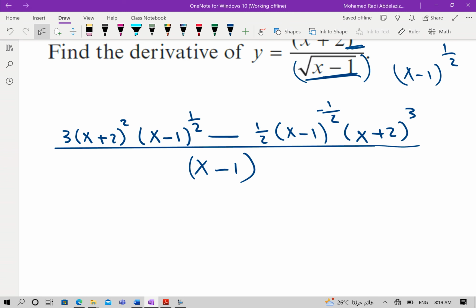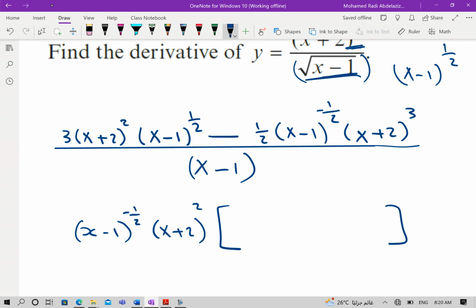Which is the common factor? (x - 1) all to the power of what? Negative half. And (x + 2) all to the power of what? Of 2. And open brackets. When we simplify, keep 3, (x + 2) all squared taken outside.